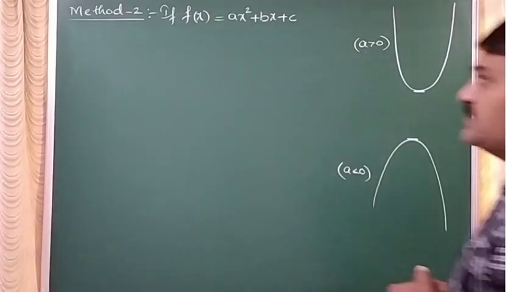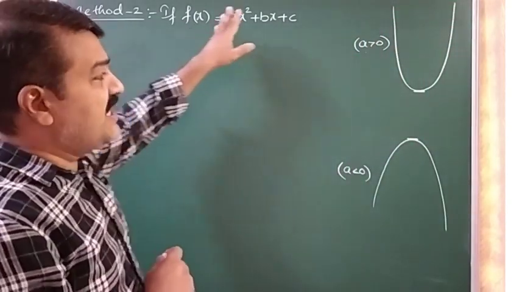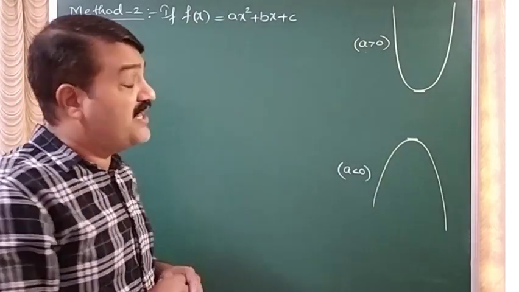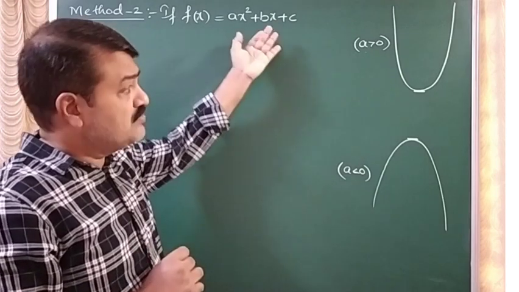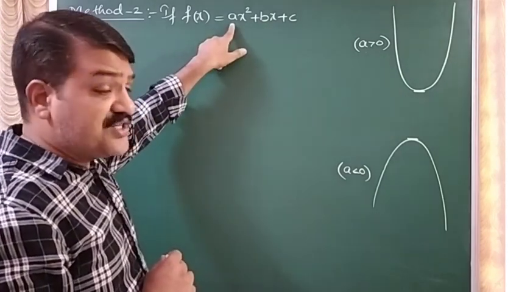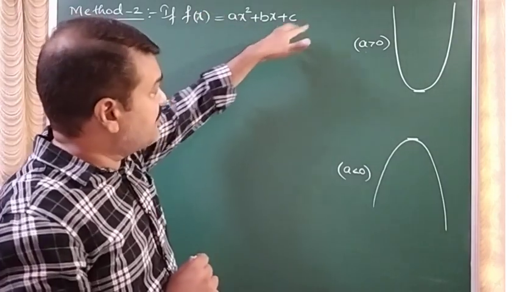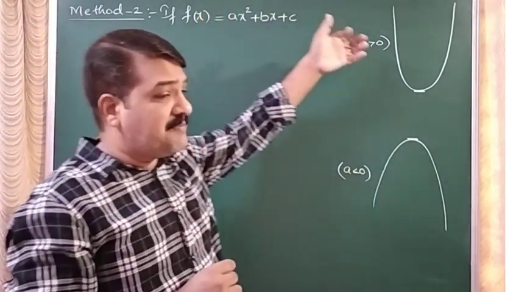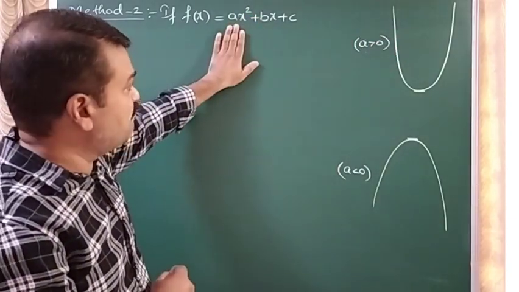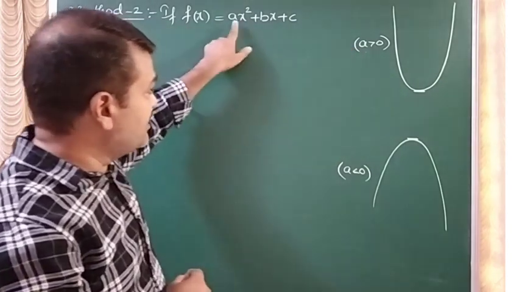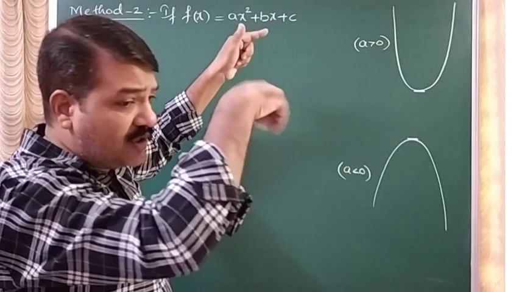Now let us see the second method. If f of x is a quadratic expression in variable x, we know that whenever the coefficient of x square, that is a, is positive, ax square plus bx plus c represents a parabola opening up.